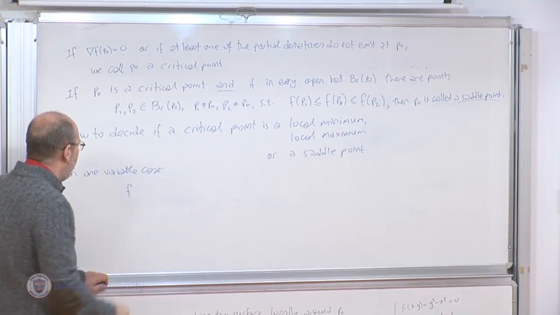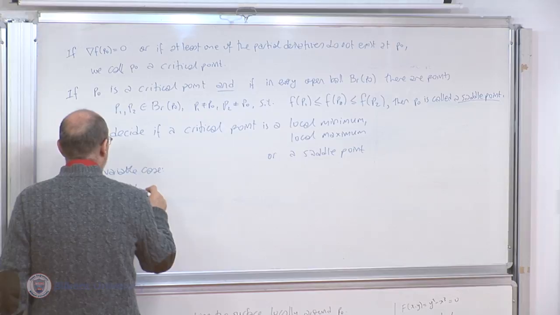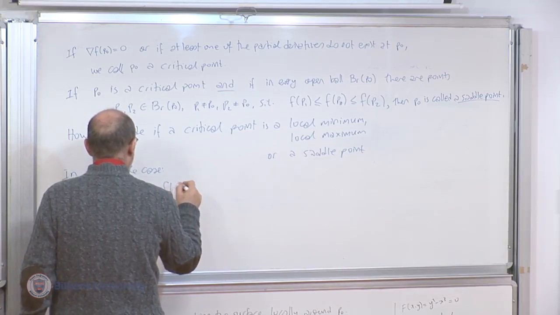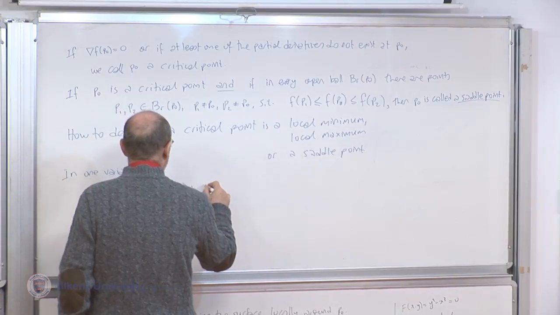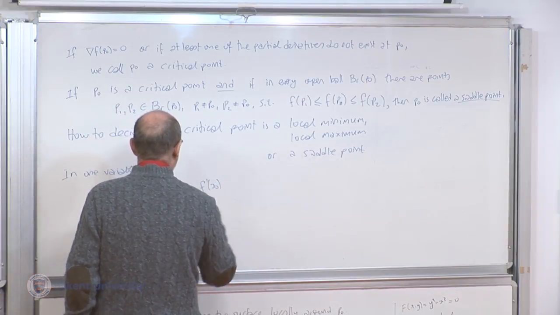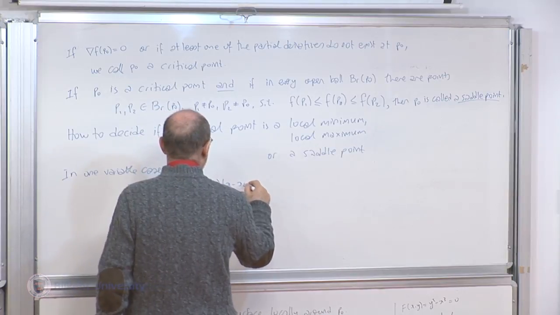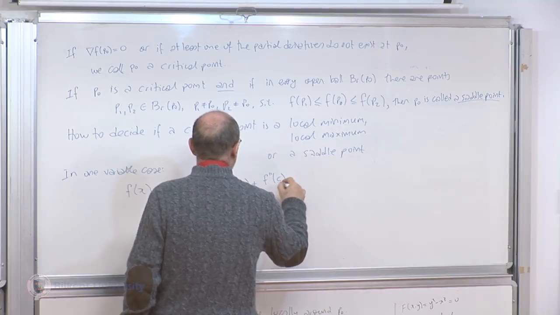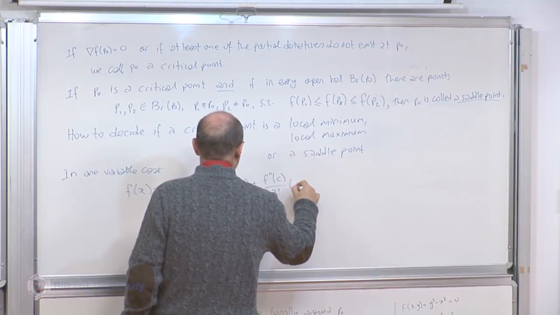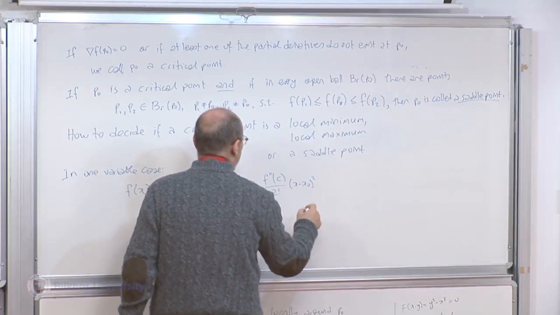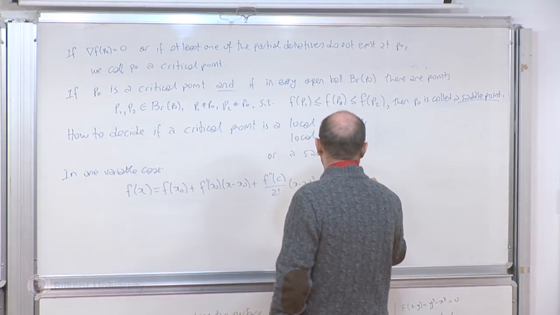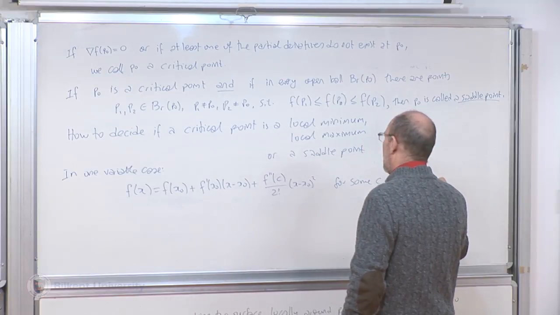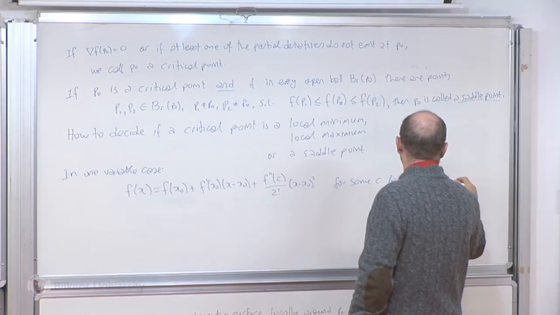Extending the mean value theorem, we'll have this: f of x is equal to f at x sub 0 plus f prime at x sub 0 times x minus x sub 0, plus f double prime evaluated at some mysterious point c divided by 2 factorial times x minus x sub 0 squared, for some c between x sub 0 and x.